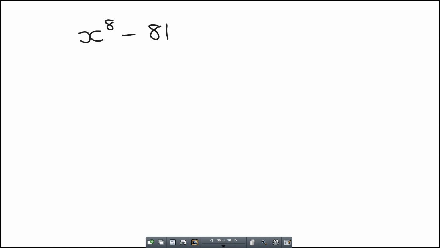Let's keep it easy. Okay, right. We have two terms. We have a minus in between. Can I get square root of each? Yes. So that will become two brackets, one with a plus, one with a minus.